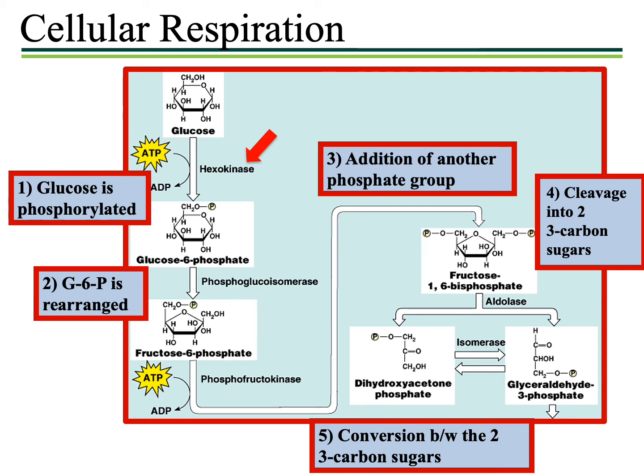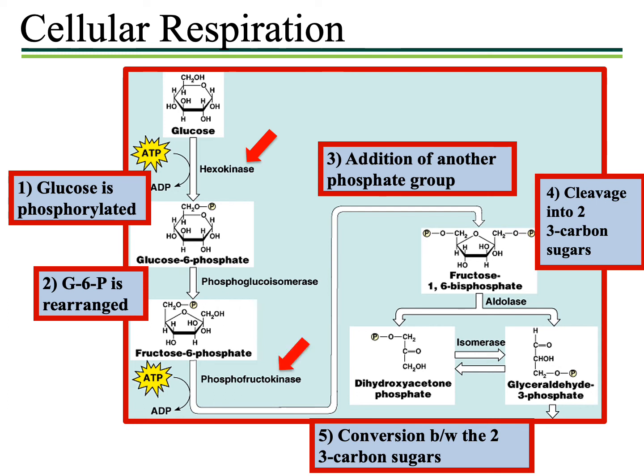This is the very first example of where ATP is required. The terminal phosphate group from ATP is removed in this step and added to glucose. This step is also really important because it traps glucose inside of the cell once the very first step takes place.